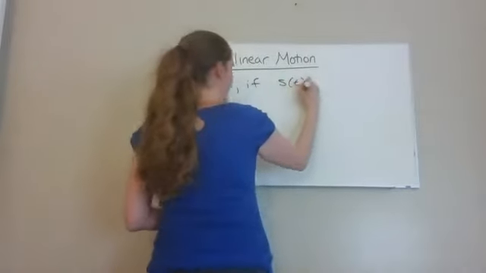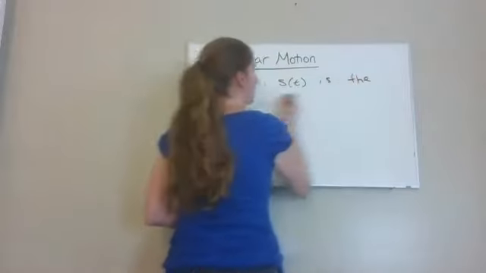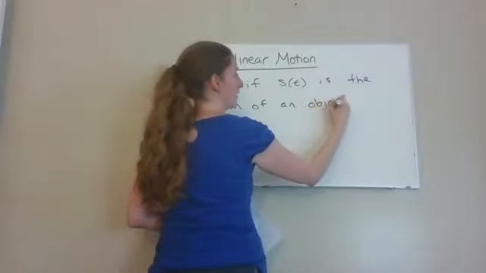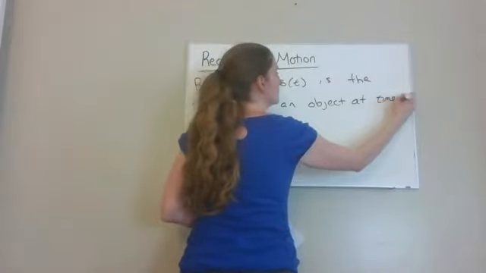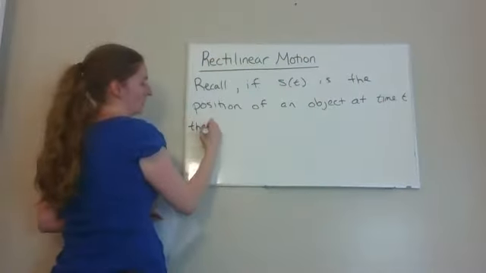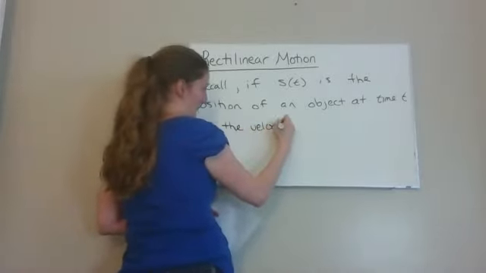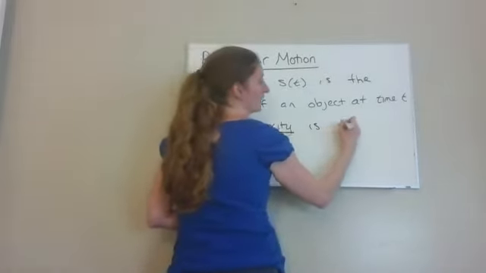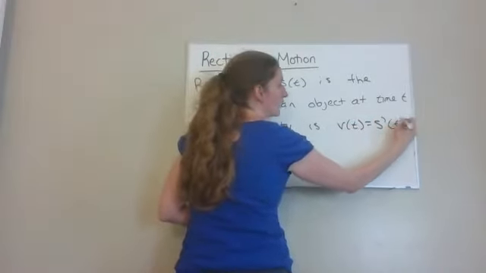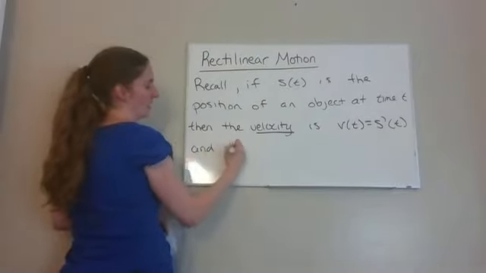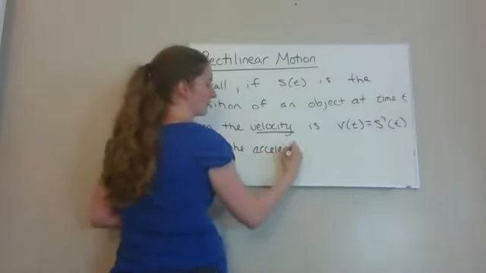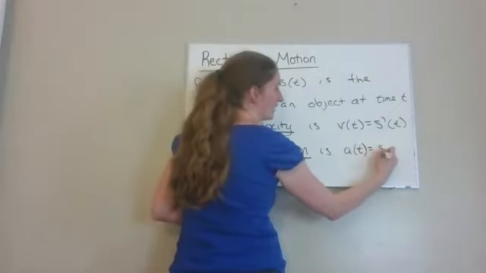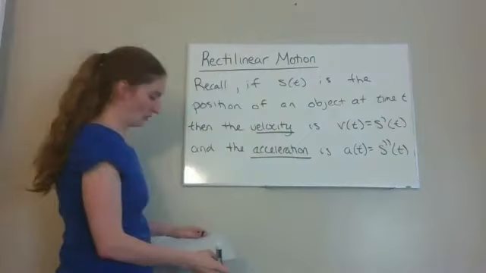If S of t is the position of an object at time t, then the velocity of the object is given by v of t, which is the first derivative of position, and the acceleration of the object is given by a of t, which is the second derivative of our position.